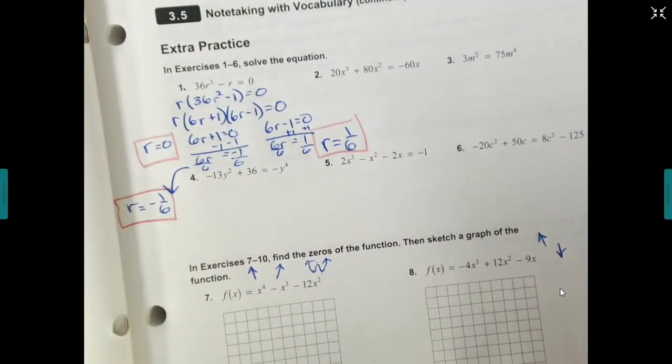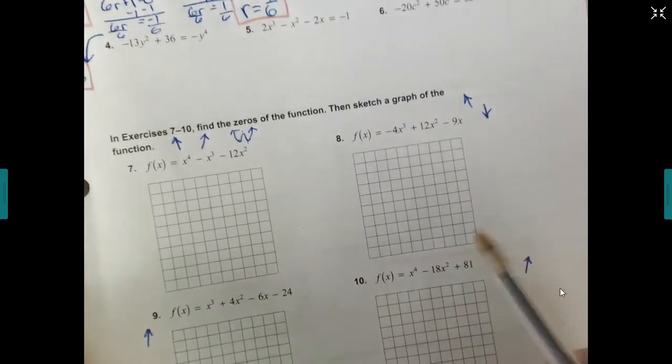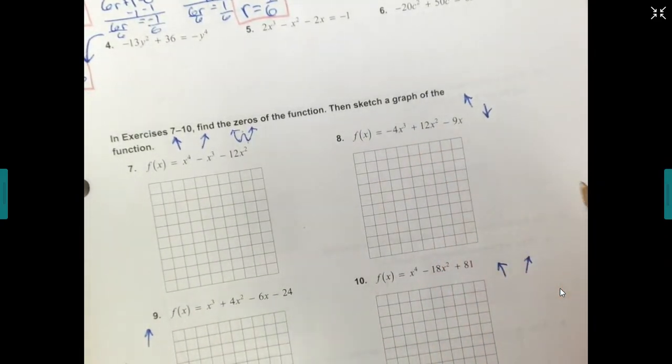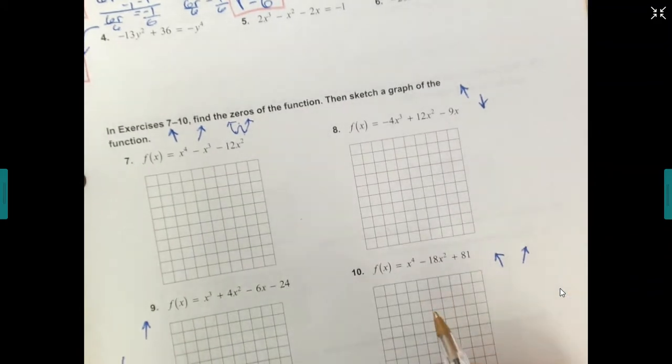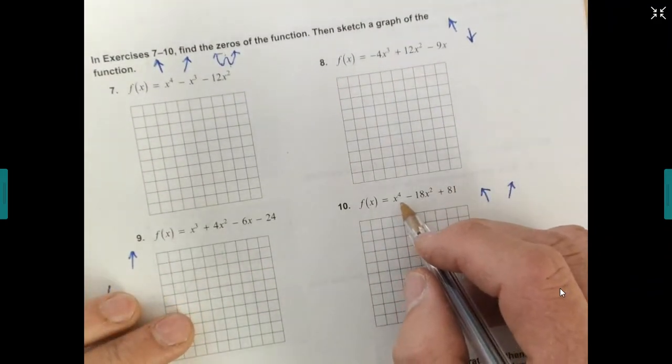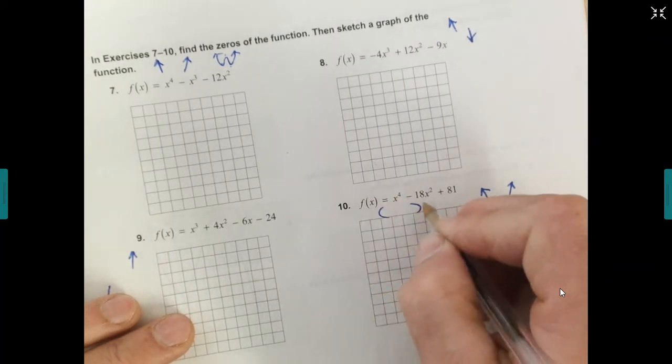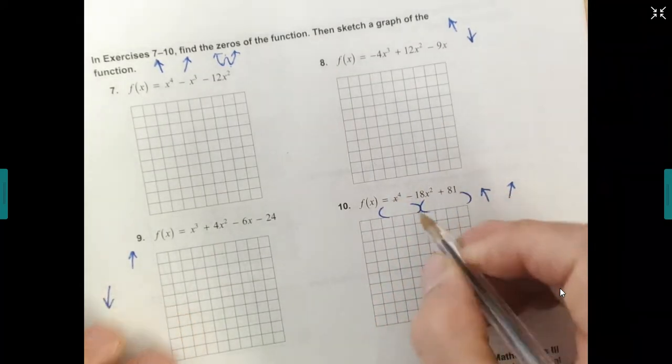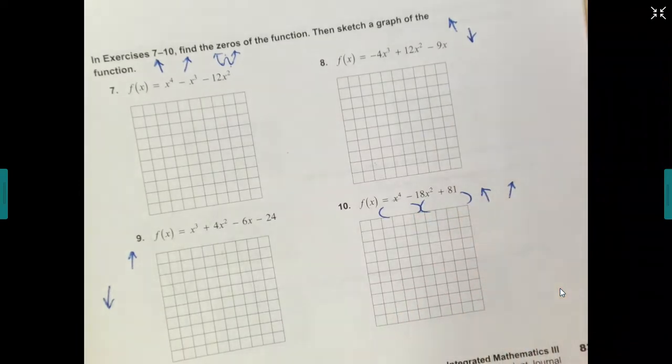Let's see what that looks like when we have to graph it out. So let's take, should we do this one since it's got the x to the fourth? So we're going to factor this one. There are 3 terms here, so chances are I'll be able to factor it like this.